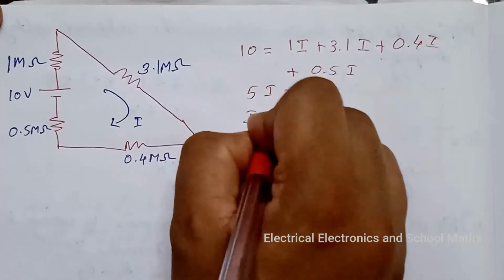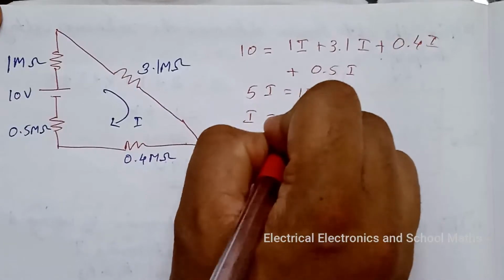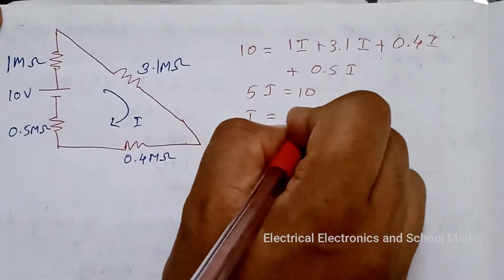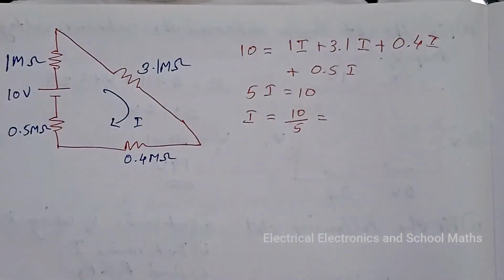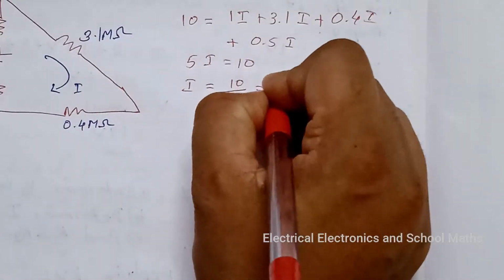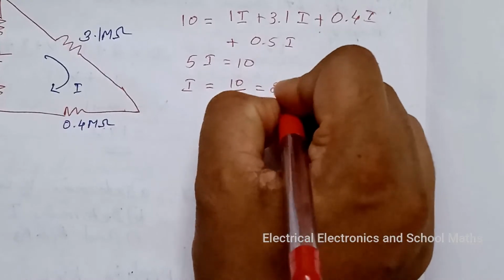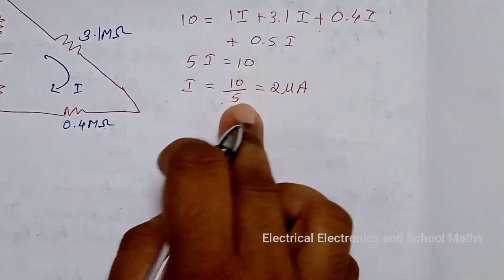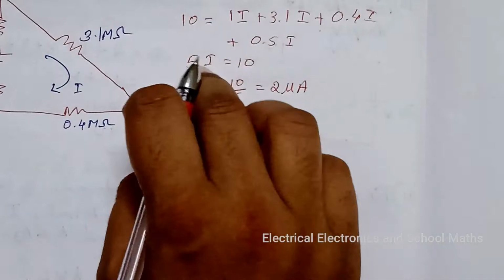From this we get I equal to 10 by 5 equal to 2 microampere.